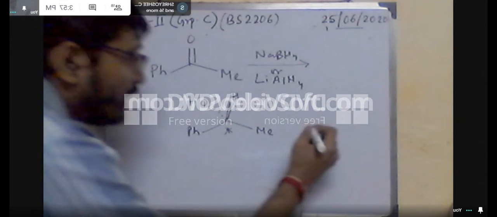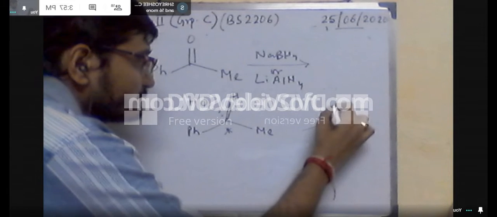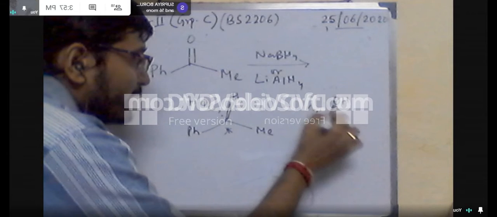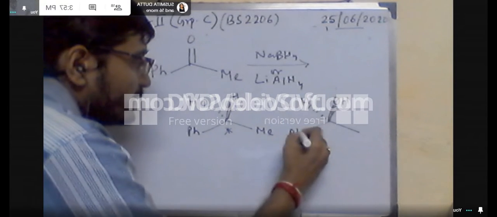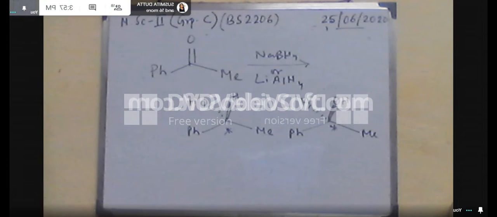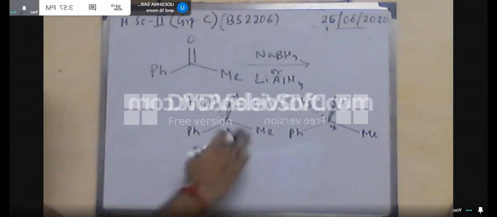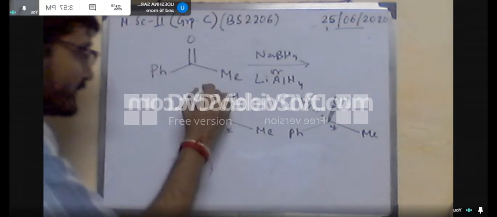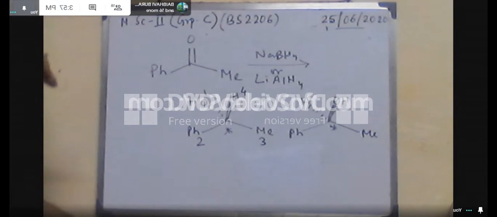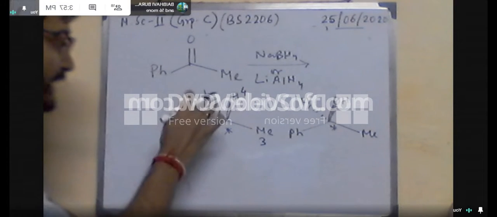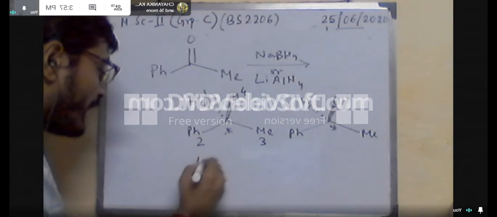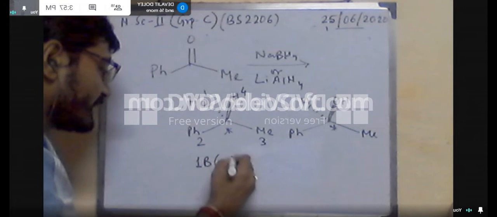So minus into minus is plus, so the configuration here is the R isomer or R alcohol. Similarly here, this is 1, 2, 3, 4. Now the fourth group is in the back, so 4b is plus according to the convention, and 1, 2, 3 is anti-clockwise, so that means minus. So minus into plus is minus, so the configuration is S.